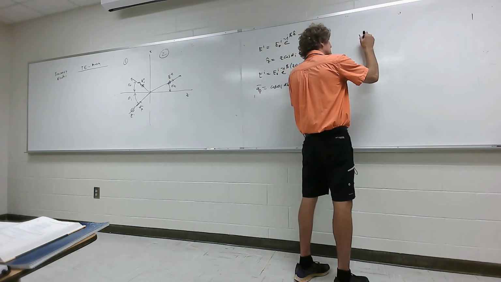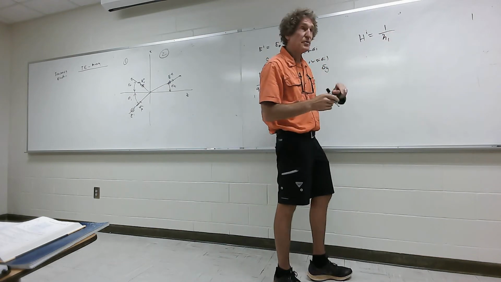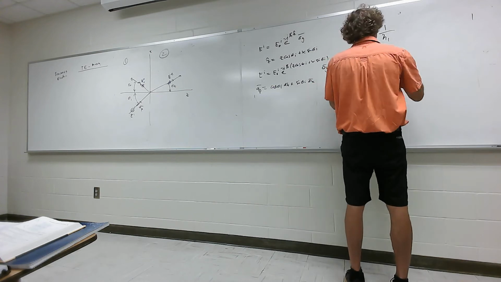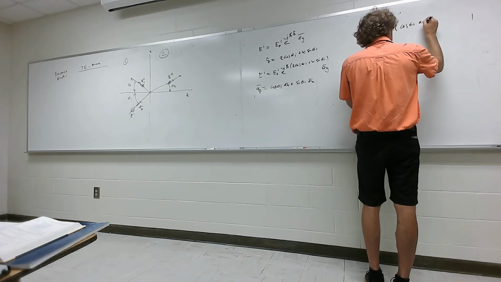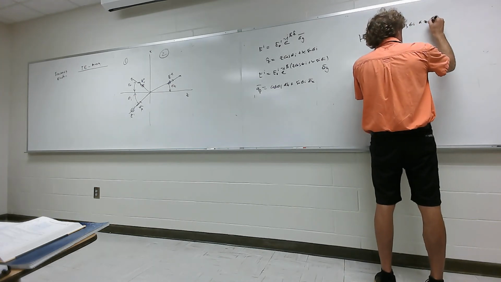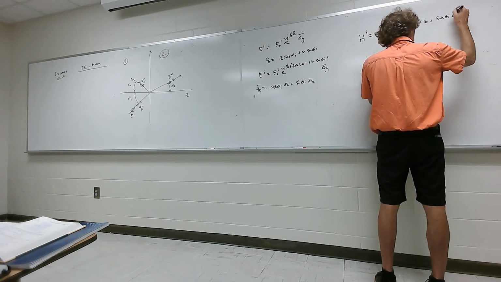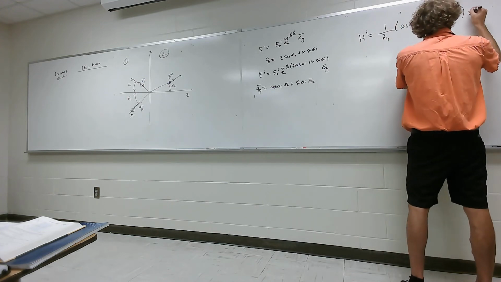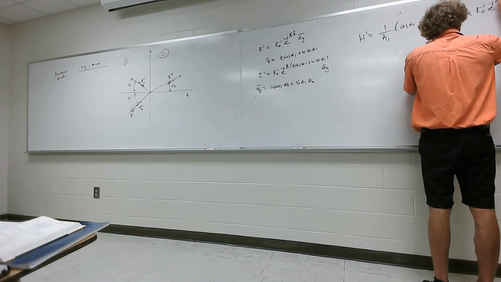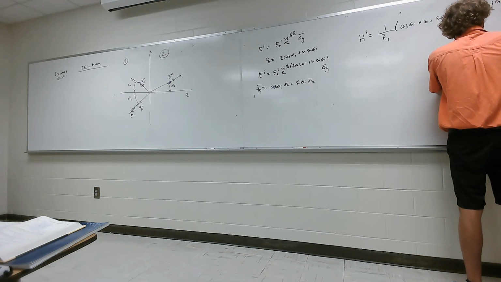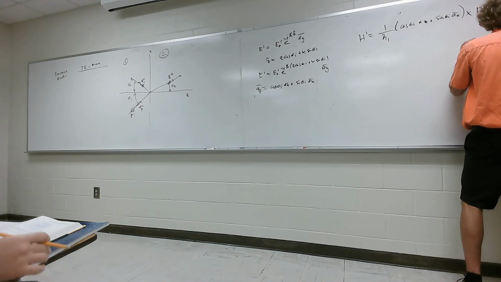We say H incident would be equal to 1 over eta 1, the unit vector in the direction of propagation, cosine of theta incident AZ plus sine of theta incident AX, crossed into the electric field, which is E naught incident e to the minus j beta 1, z times the cosine of theta incident plus x times the sine of theta incident, in the AY direction.